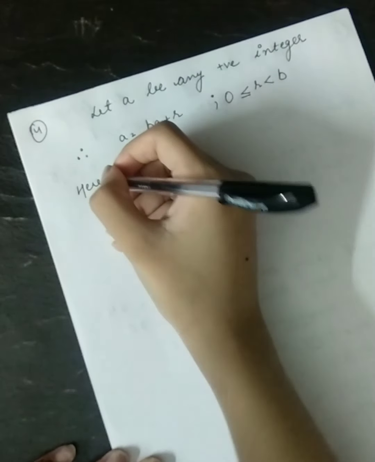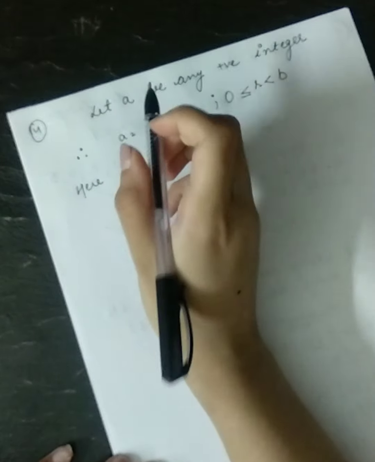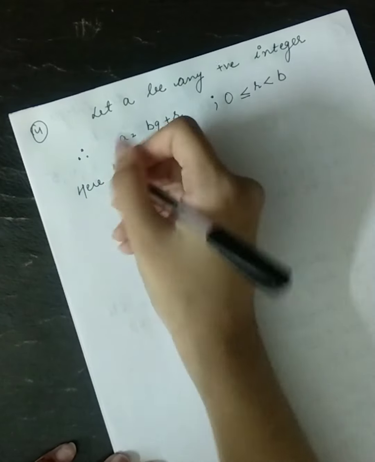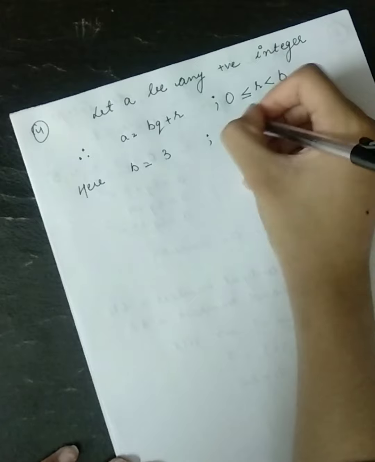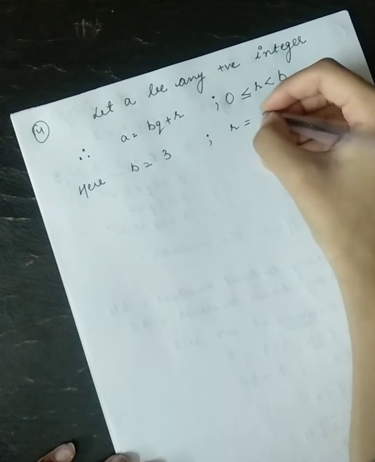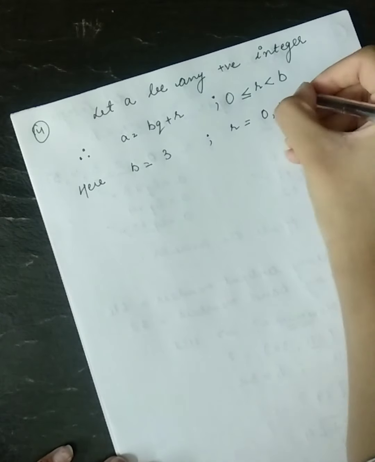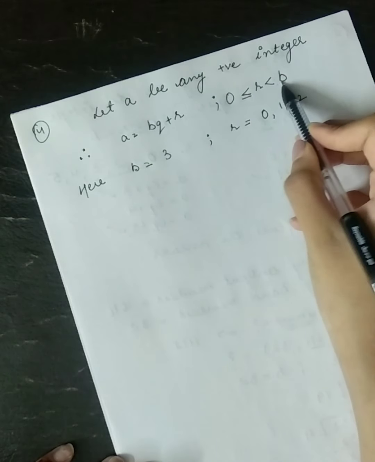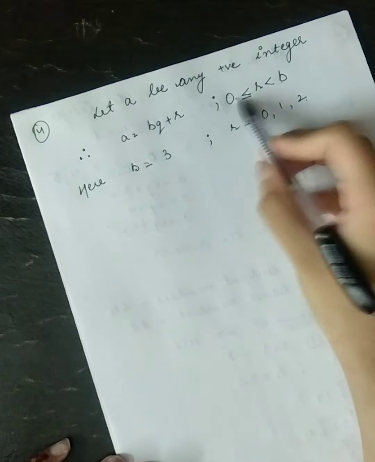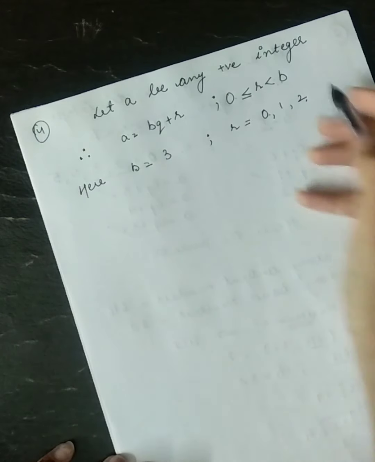Here they have asked us of the form 3m or 3m plus 1. So our b is equal to 3 and our r is equal to 0, 1, 2 because b is 3. So r is less than 3, from 0 till 2.